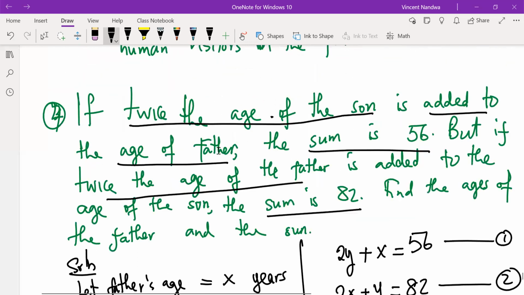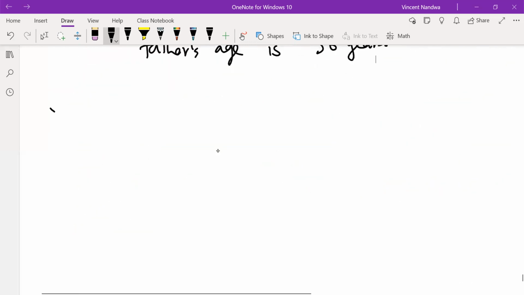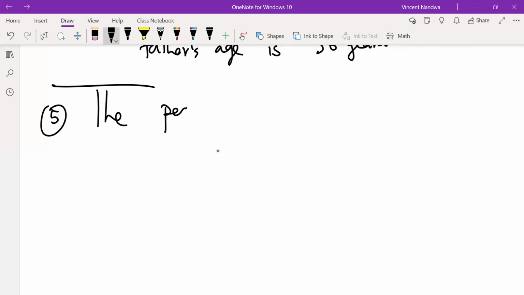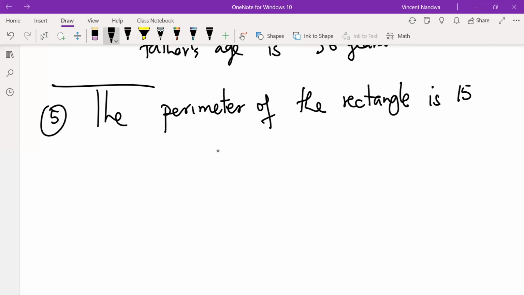Next example, number 5. Now this one testing on geometry. The perimeter of the rectangle is 158 centimeters.